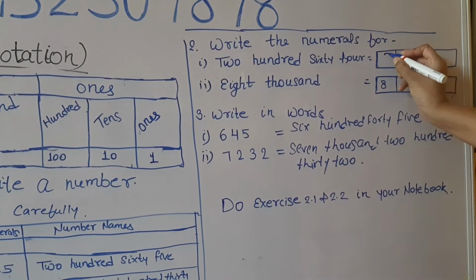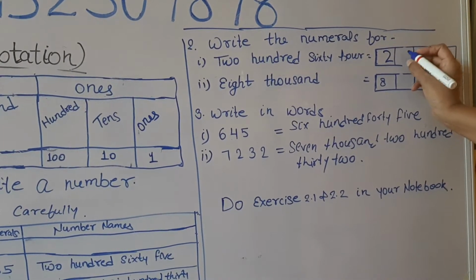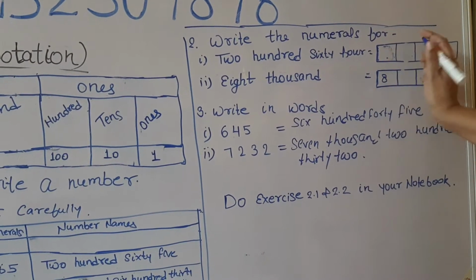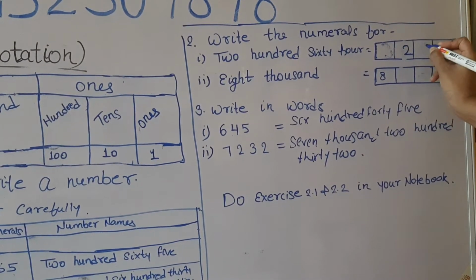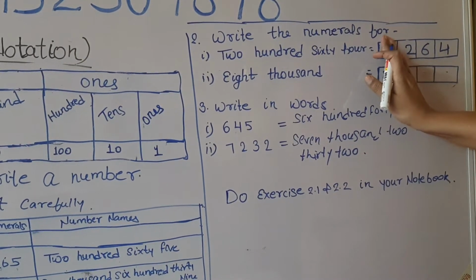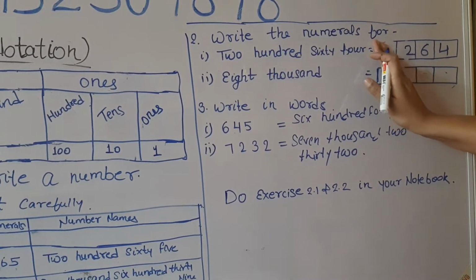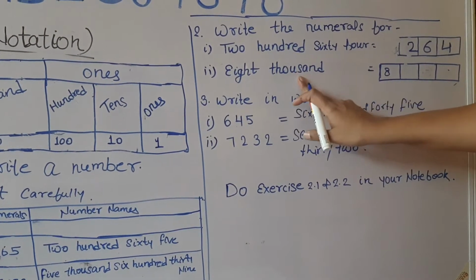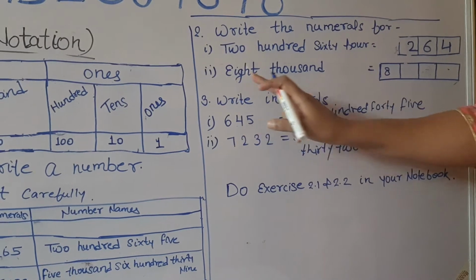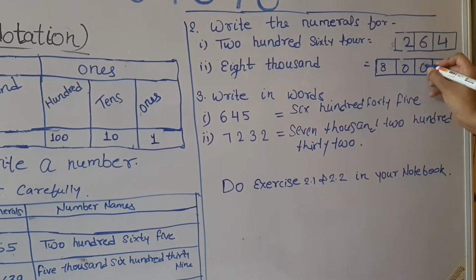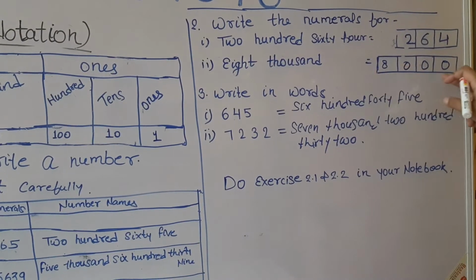Numeral is 264. This is not at the 1000 place. Next number name is 8000. Means how many 0s with the 8? 3 zeros. So we will write 8 here and 0, 0 and 0. So this is the numeral.